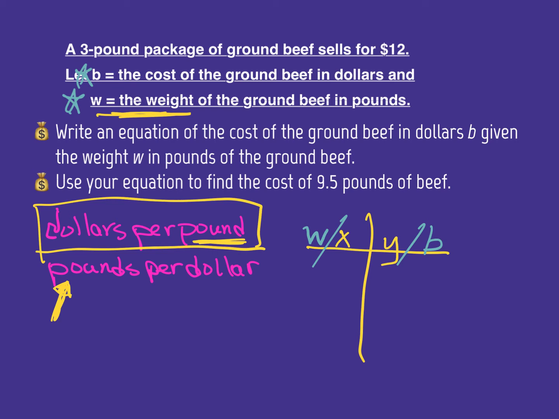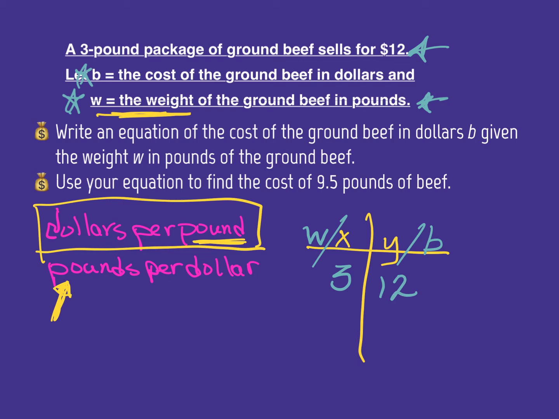Now, what information do they give us? Well, the information is right here. 3 pounds. Pounds is W, right? So that would have to go here. Remember, the next thing is to fill in the numbers they gave me. And that sells for $12. That's going to go here.